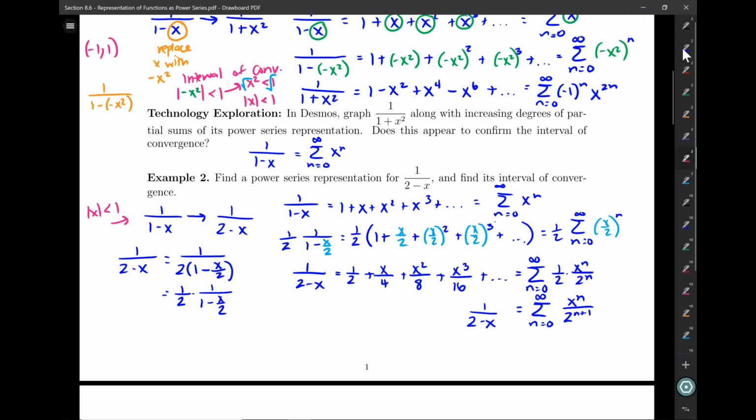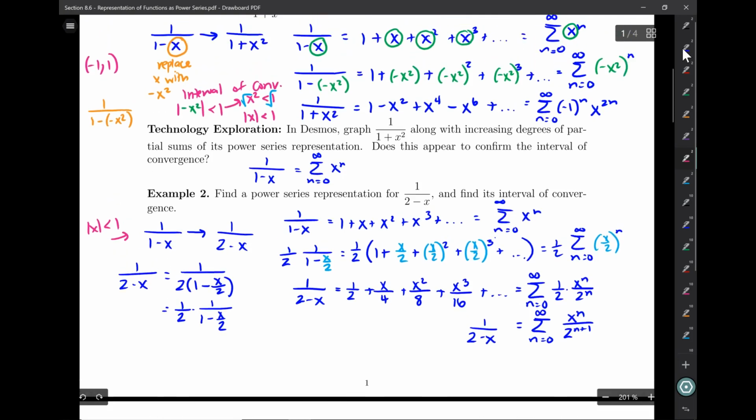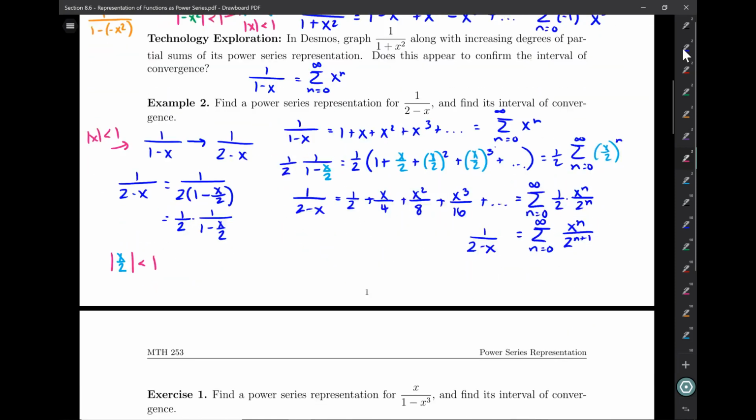What is going to affect the interval of convergence is replacing x with something else, which is what we did here, right? We replaced x with x over 2. So just like before, in this one, we replaced x with a negative x squared. What we did is we replaced x with x over 2, and we still now need the absolute value of x over 2 to be less than 1.